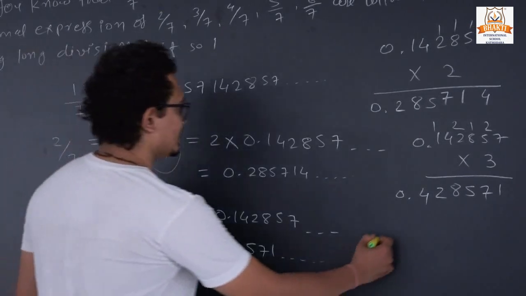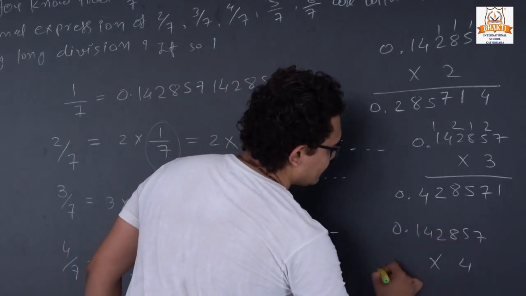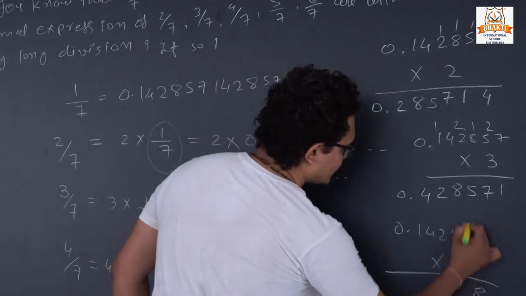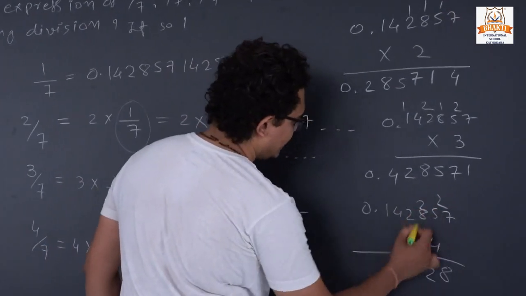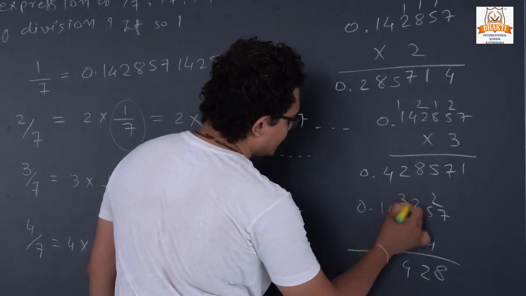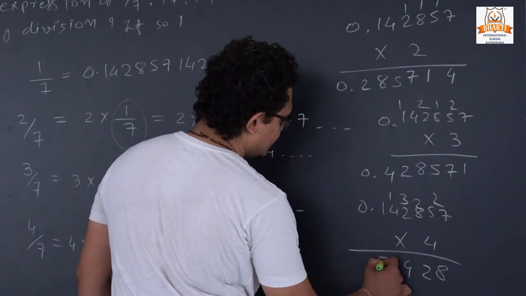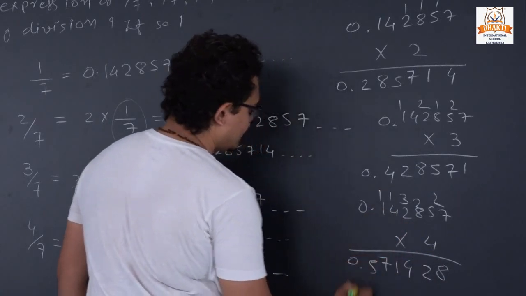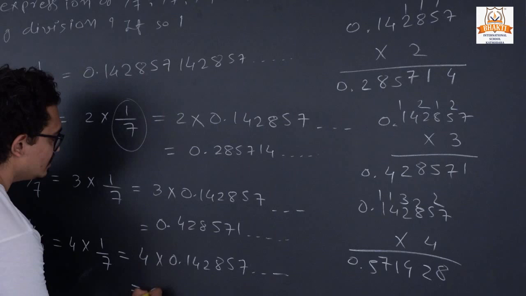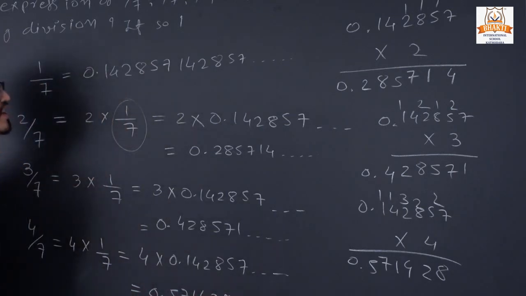So we write 0.142857 multiplied with 4. 7 fours are 28, 20 plus 2 is 22, 8 fours are 32 plus 2 is 34, 8 plus 3 is 11, 4 sixteen 17, 5. So the answer is 0.571428. Once again it will be continued.